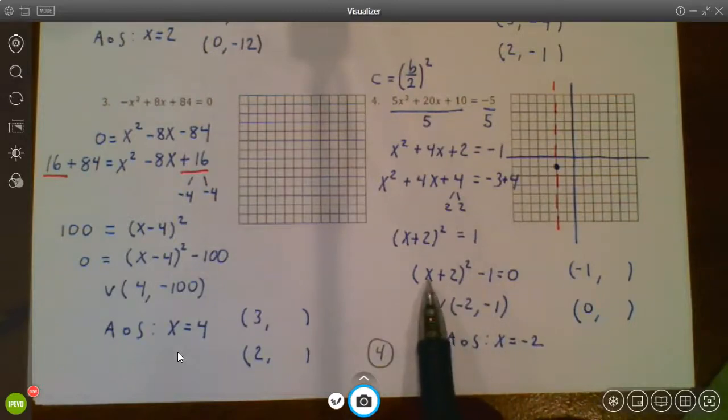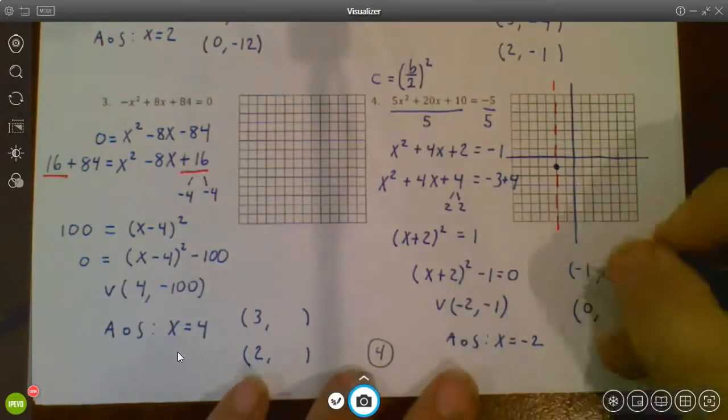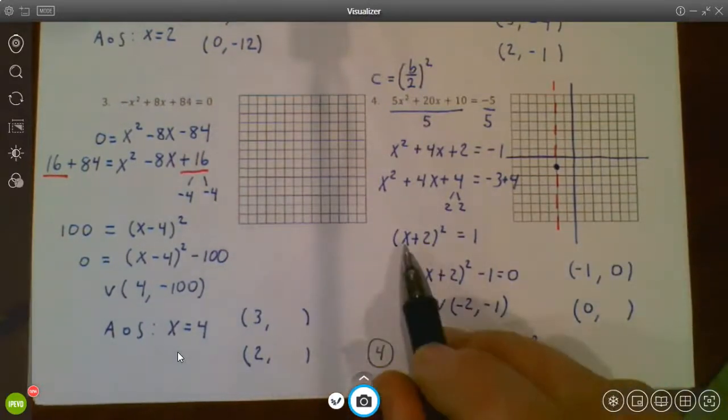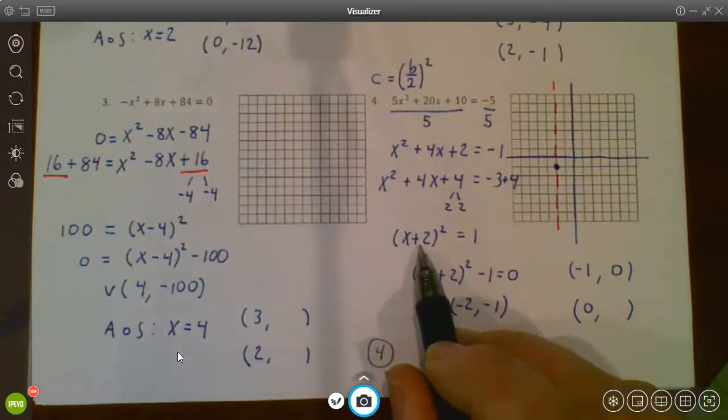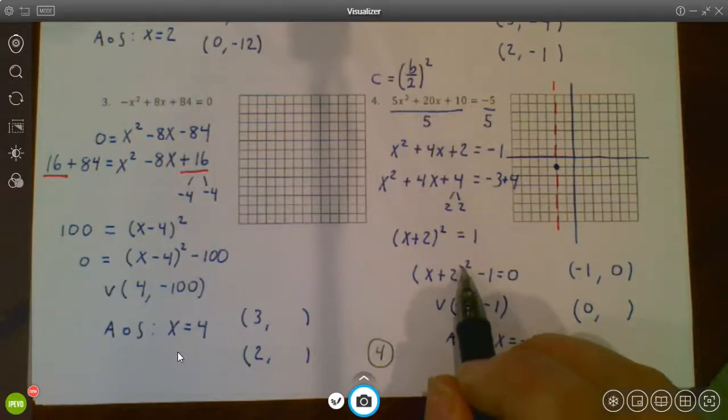So if I put a negative 1 right there, negative 1 plus 2 is 1. 1 squared is 1. Minus 1 would be 0. Put a 0 in there. 0 plus 2 is 2. Squared would be 4.